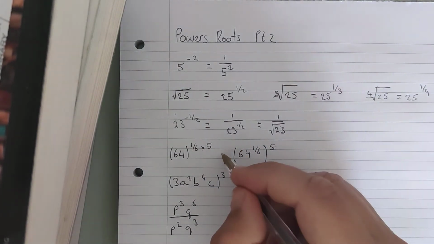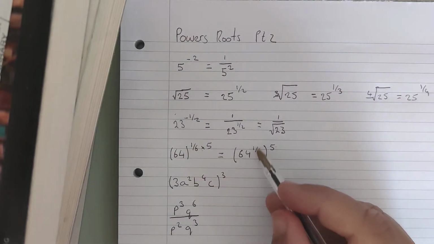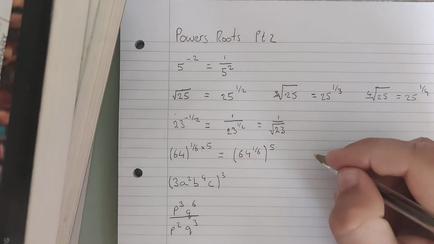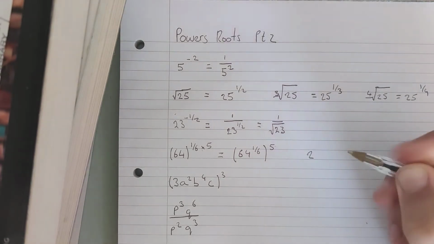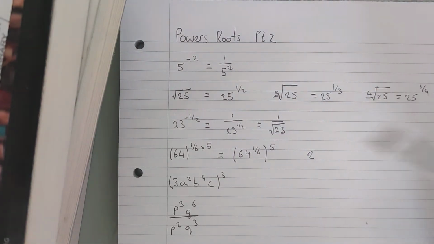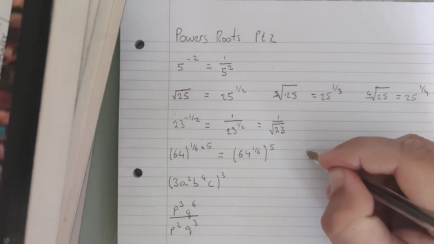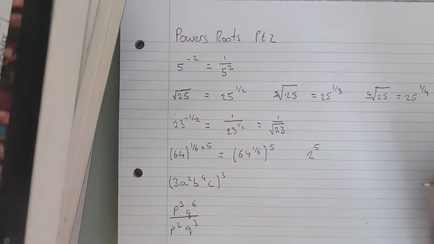So this is exactly the same thing. 64 to the power of a sixth is 2, because 2 times 2 times 2 times 2 times 2 times 2 is 64. And then that can just be written as 2 to the power of 5.